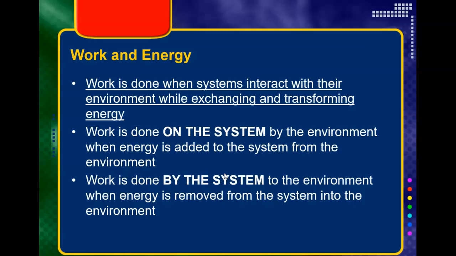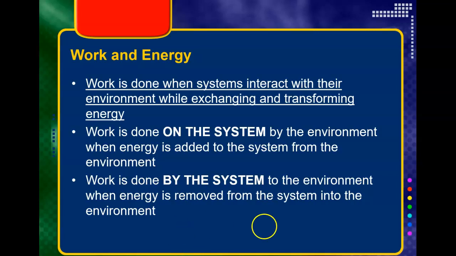All right. So again, work is done when something interacts with something else, giving it energy. The bigger thing is the environment. So when an object interacts with its surroundings, energy is transferred. So when work is done on an object, energy is added, heat is added.